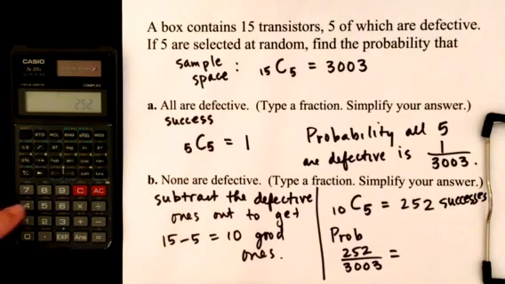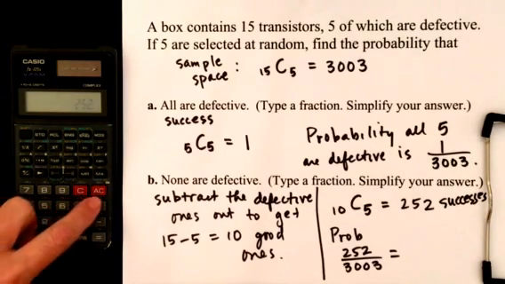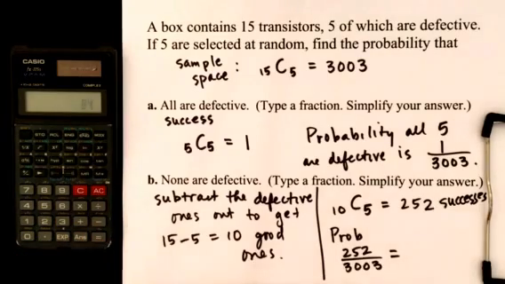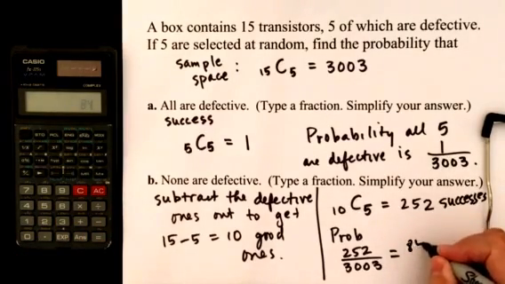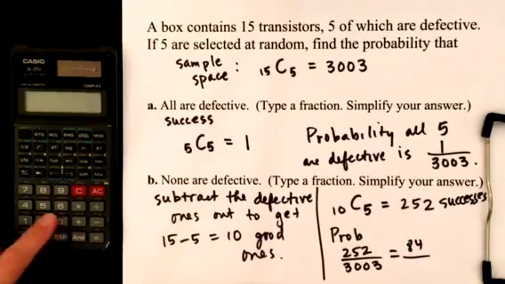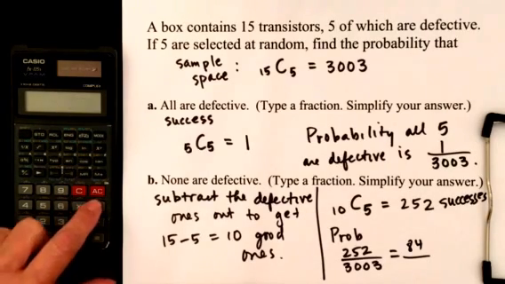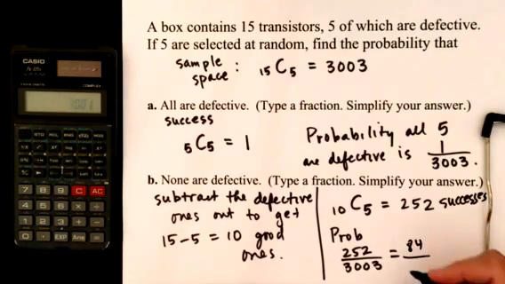I'll divide 252 by 3. 252 divided by 3 is 84. And 3,003 divided by 3 is 1,001. And now I might not be done reducing. Let's look at it a little bit more. I can't reduce by 2, and if I couldn't reduce by 2 in the beginning, I surely can't reduce by 2 again.